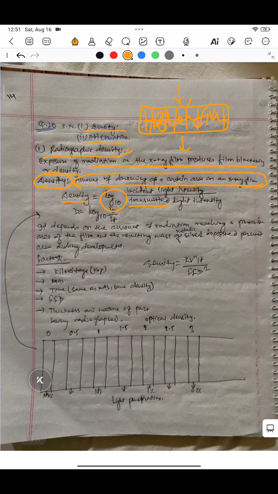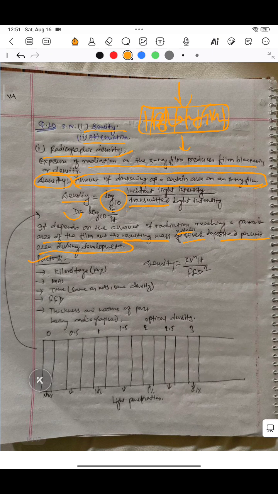Its formula is density equals log 10 of initial radiation divided by transmitted light intensity in case of film. It depends on the amount of radiation reaching a particular area of the film and the resulting mass of metallic silver deposited per unit area during development.